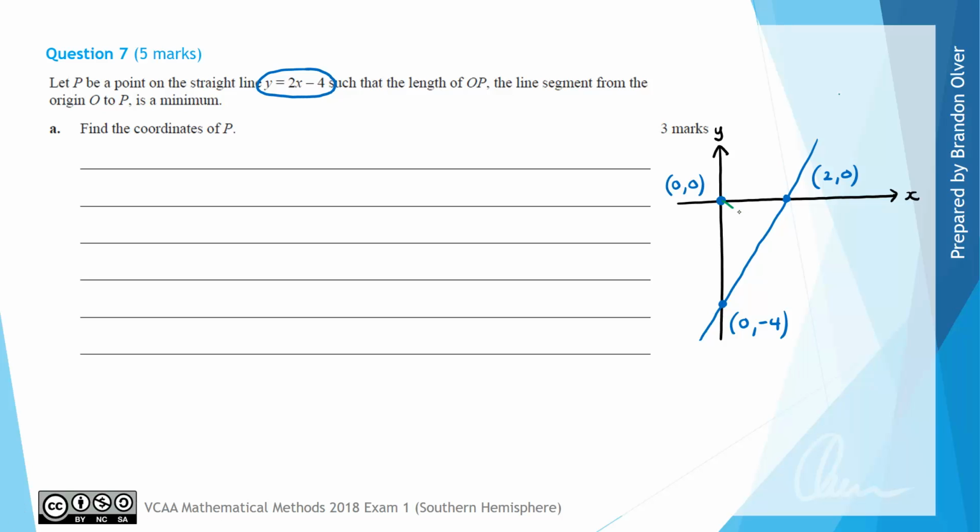There is some point P which exists on this line such that the distance OP is a minimum. Because P lies on the line y equals 2x subtract 4, P has coordinates (x, y), where its y value is simply 2x subtract 4.